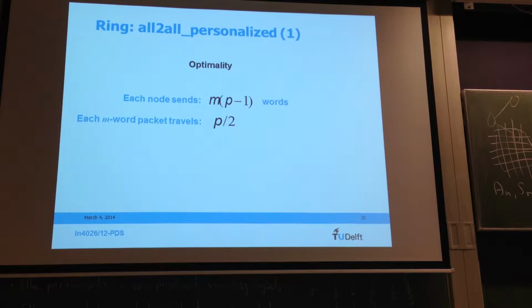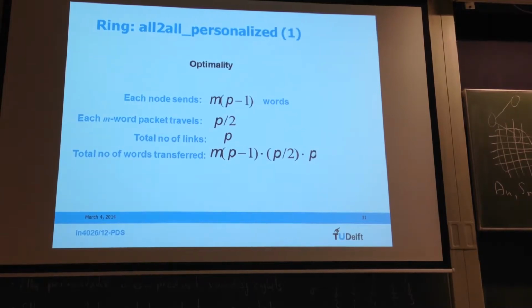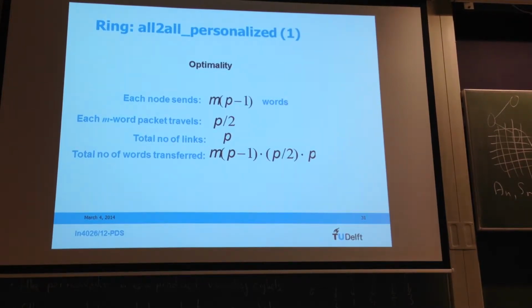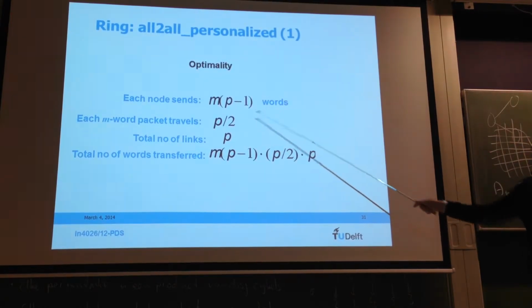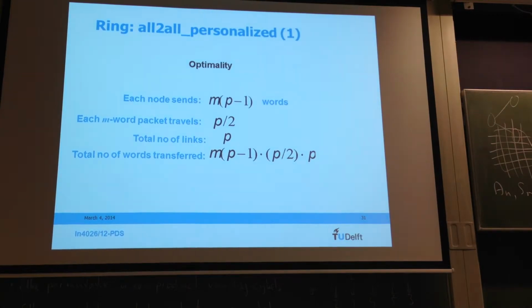Now we have to travel on the average distance p divided by 2, and the total number of links is p, so the total number of words we transfer is m times p minus 1 times p divided by 2 divided by p.